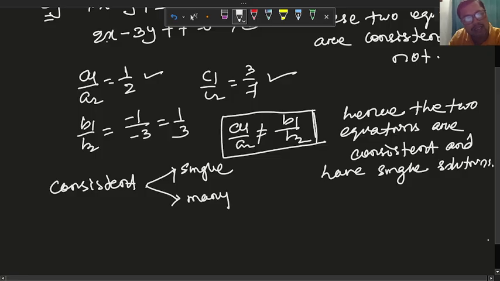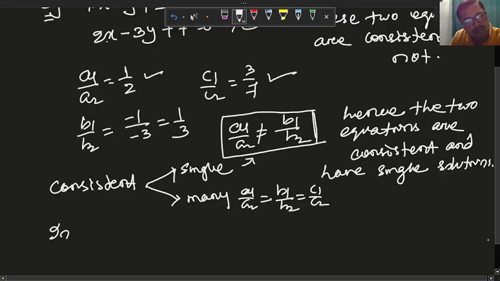The condition for a single solution is a1 by a2 does not equal b1 by b2. For many solutions, it is a1 by a2 equal to b1 by b2 equal to c1 by c2.